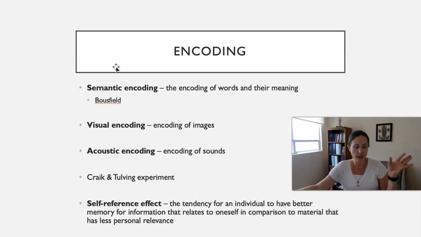They gave participants words to remember, and they used one of these 3 types. If it was visual encoding, they were asked about the font of the letters. So here's a list of words to remember. What do you think about this font? Because you're imagining the letters. For the acoustic encoding, they were asked about the sound of the words and if they could think of any words that rhymed with that one.